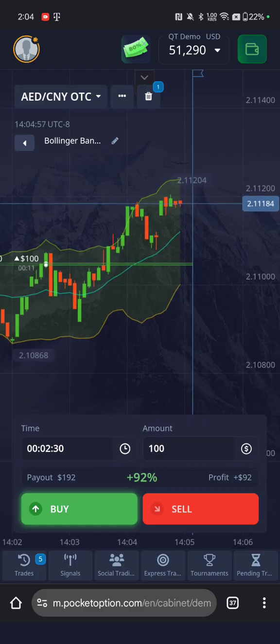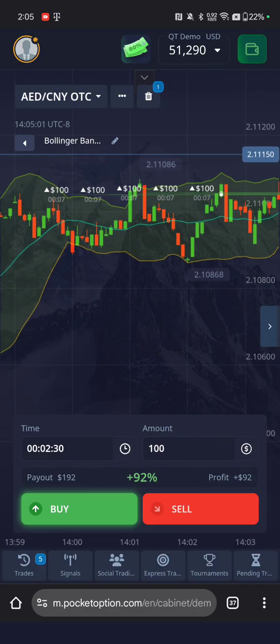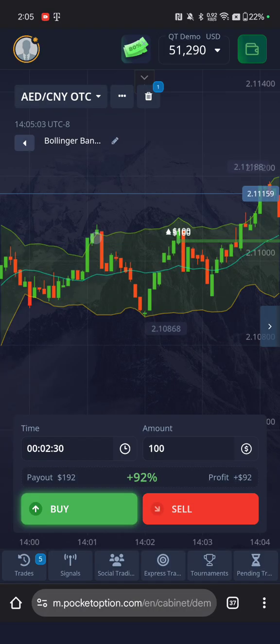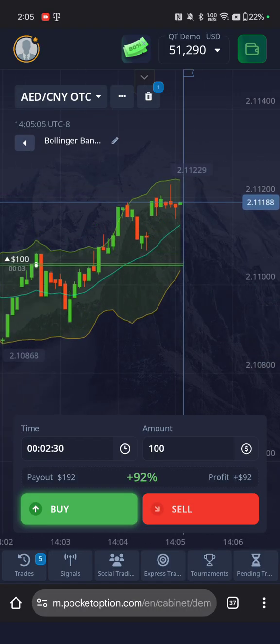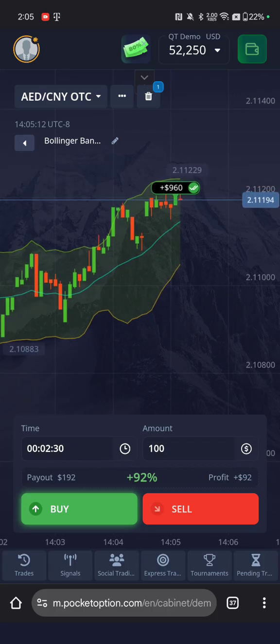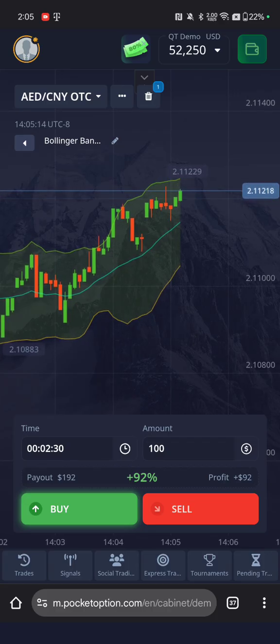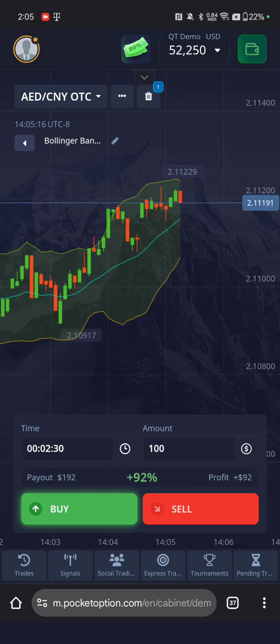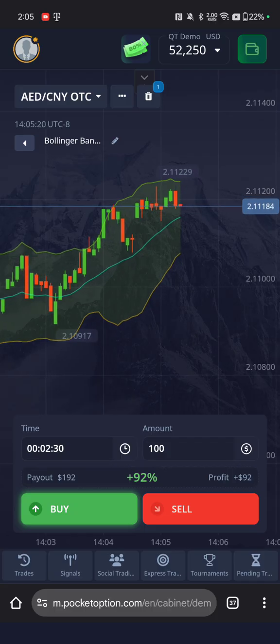So I'm glad you got to see how that works. First, it's consolidating, just kind of going from here to here to here. And now it's actually breaking out. And of course, we just made $400. It says 960, but that's because it took us down $400 when we started, and then it adds the 400 and adds another 400.